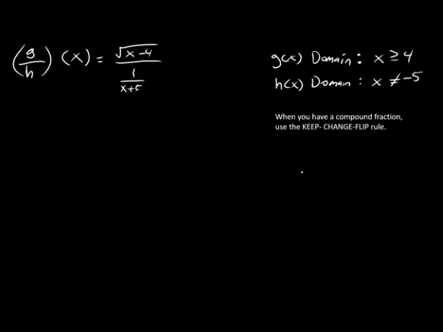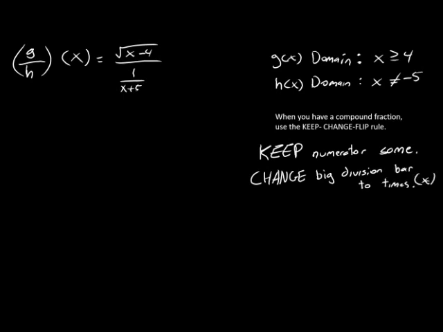The keep part of this rule says that we must keep the numerator the same. The change part of this rule means that we're going to change the big division bar in between the functions to multiplication rather than division. Finally, the flip part of the rule means we'll flip the fraction on the bottom over to make it x plus 5 over 1.